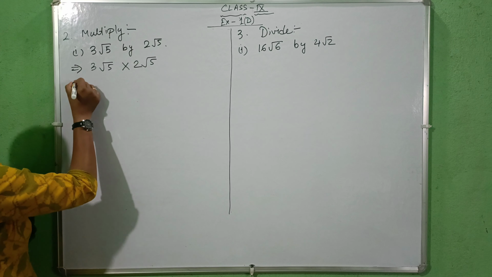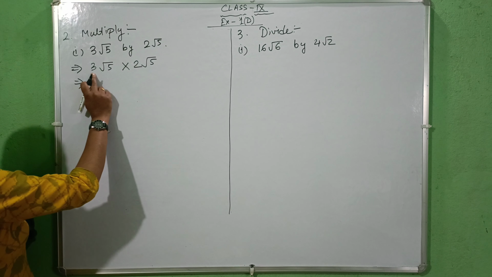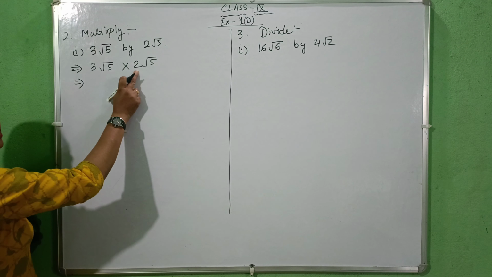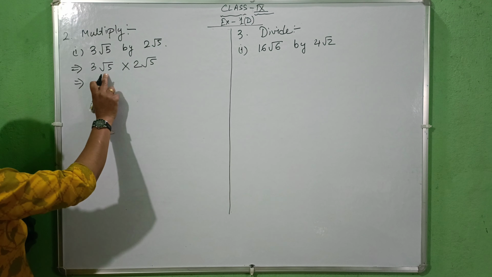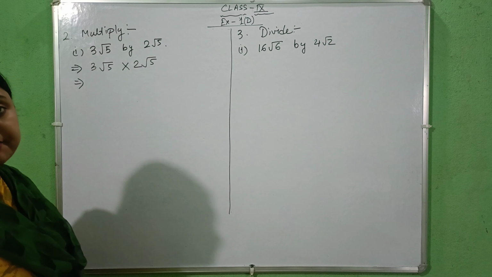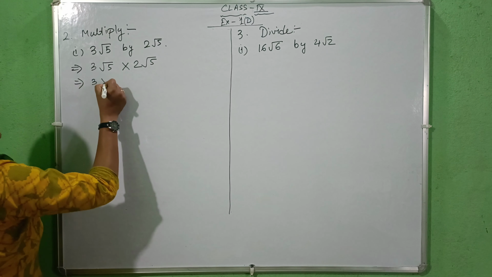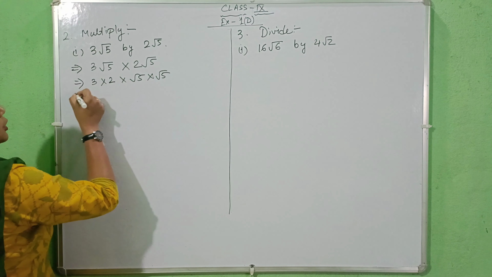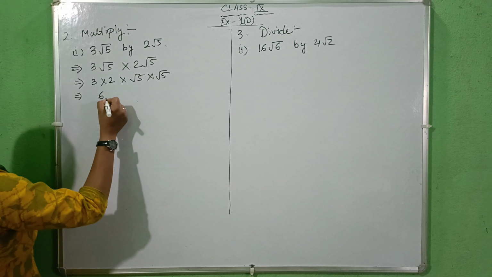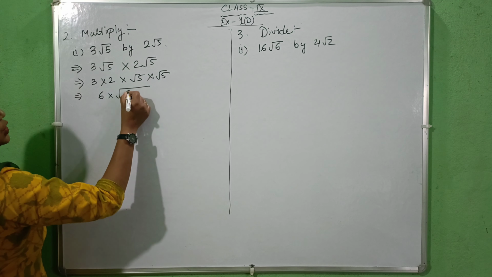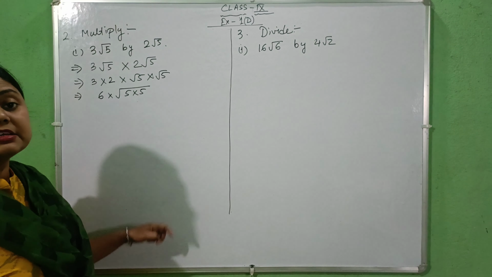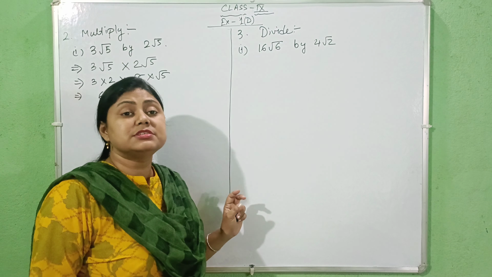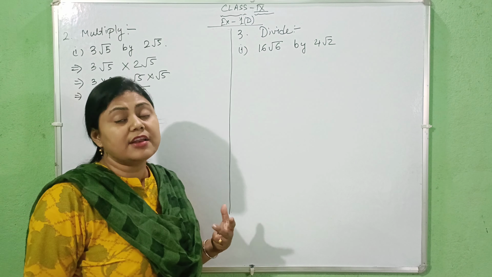Right? Now what to do? You have to multiply the constant value with the other constant value and the irrational value with the other irrational value. So what are we getting? 3 into 2 into root 5 into root 5. So 3 twos are 6, and under root you can keep 5 into 5, as I showed you at the beginning, where I gave you some results of irrational or real numbers.